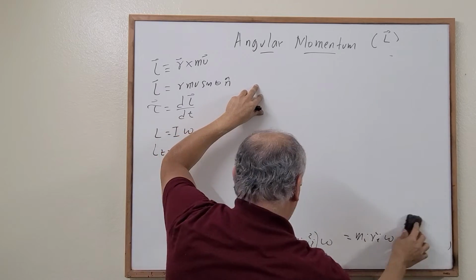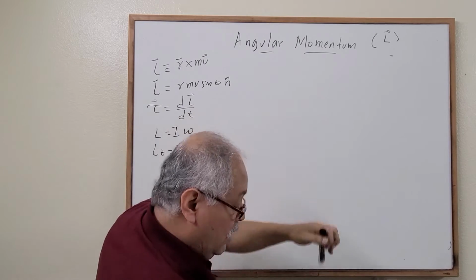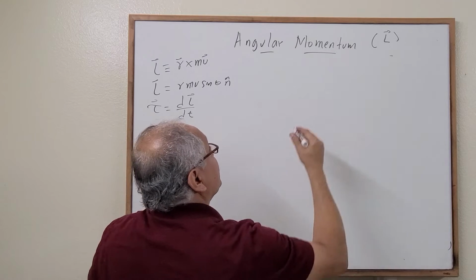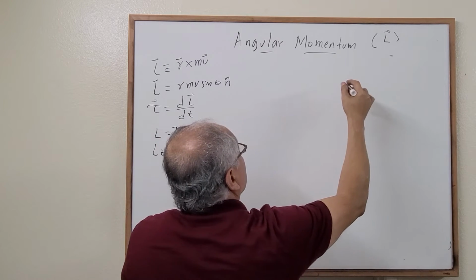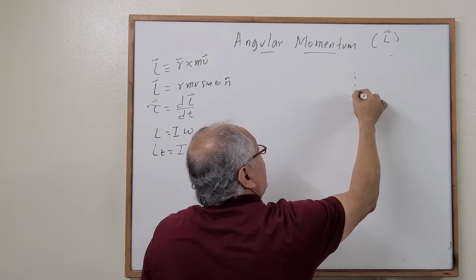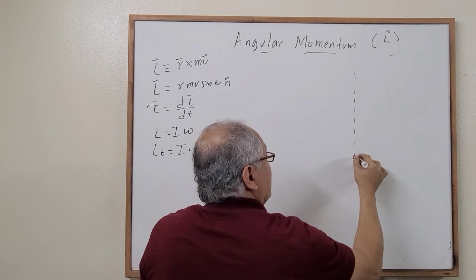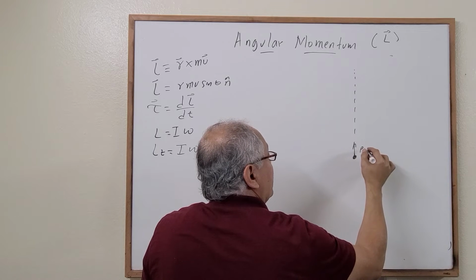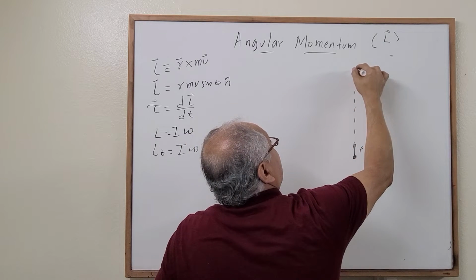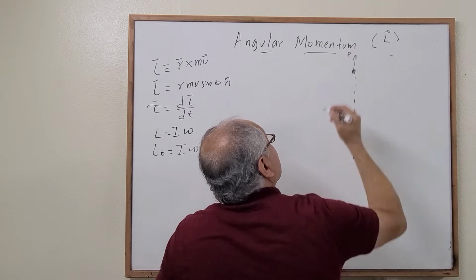Now let's go to the case when we have a particle moving in a straight line. Imagine this is the case. This is the path. At the beginning, the particle is right here with some momentum, correct? And later it is right here. Momentum is conserved.